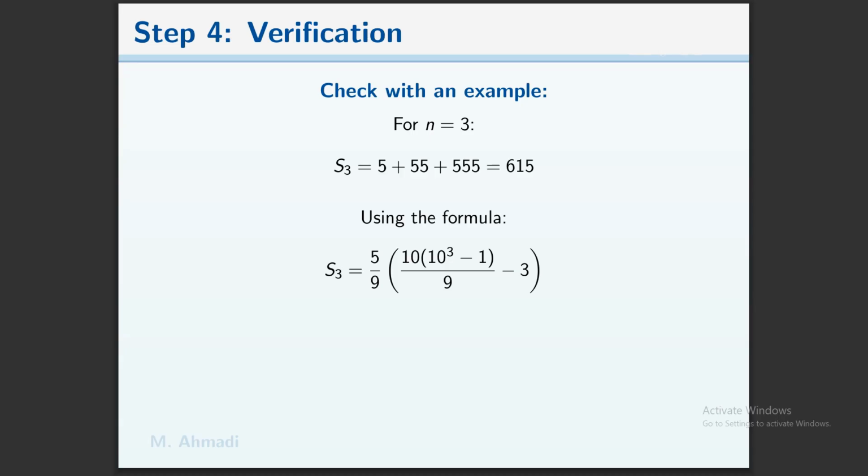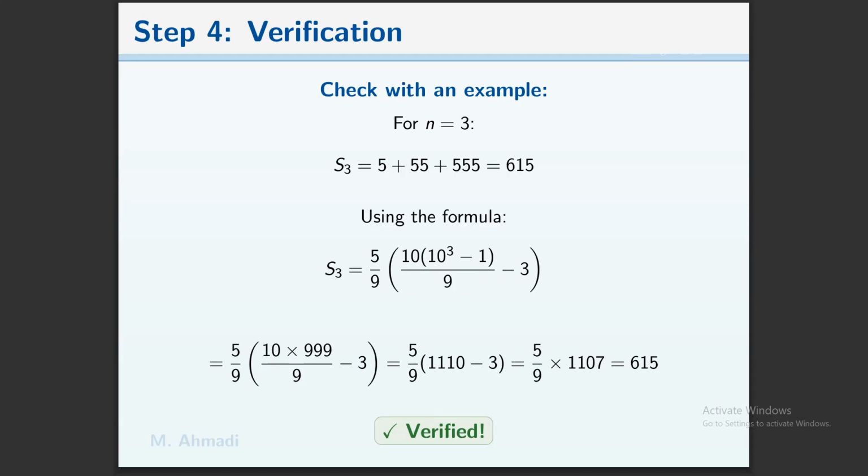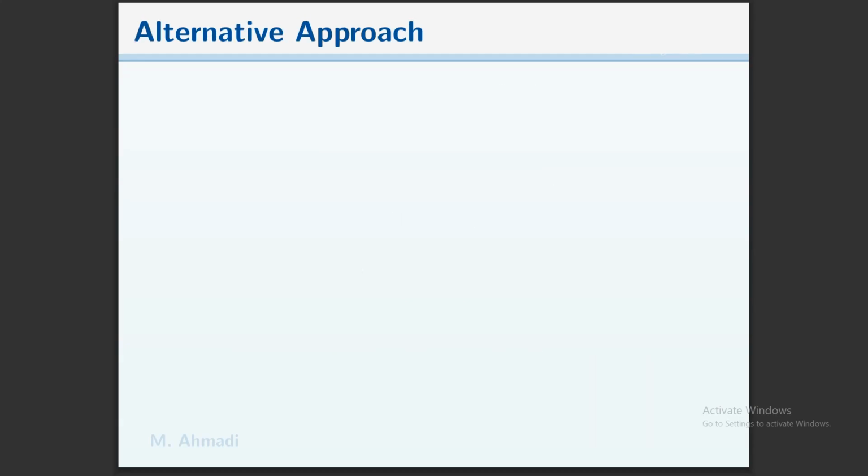S3 equals 5 over 9 multiplied by (10 multiplied by (10^3 minus 1) over 9 minus 3), equals 5 over 9 multiplied by (10 multiplied by 999 over 9 minus 3), equals 5 over 9 multiplied by (1110 minus 3), equals 5 over 9 multiplied by 1107, equals 615. The results are the same, so we can see that the solution is verified.